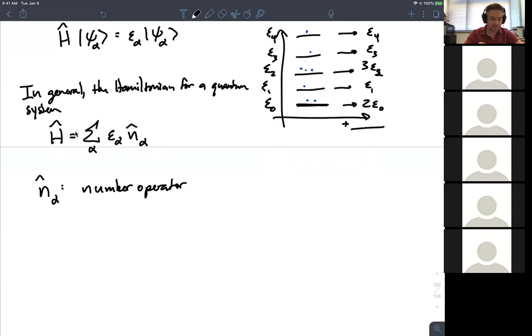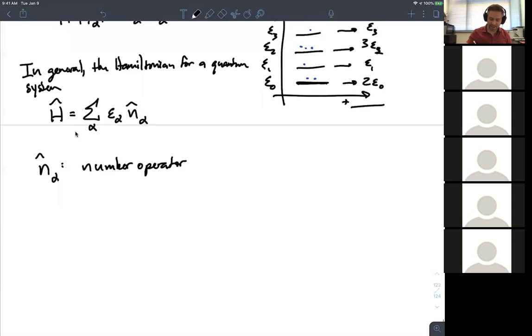Okay, and all that is that if I act on some quantum state with the number operator, that tells me the number of particles in that quantum state. That's it. The number operator just counts the number of particles in the state.